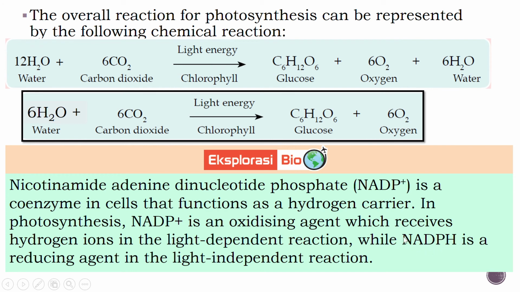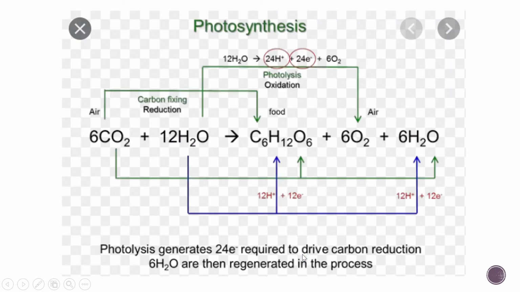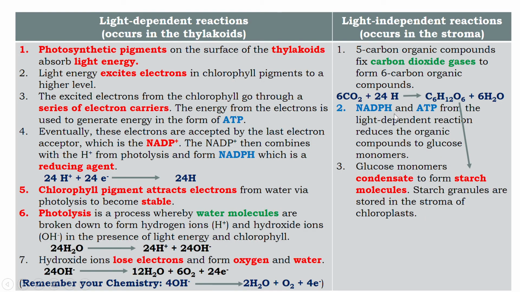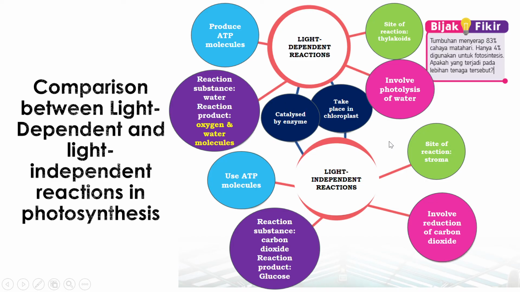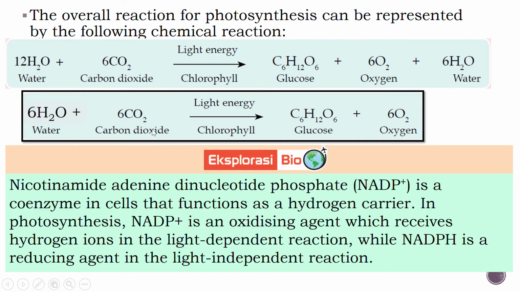Dia sendiri as a hydrogen carrier. This one as hydrogen carrier. So this NADPH is a reducing agent in the light-independent reaction. Maksudnya dekat sini dia sudah jadi reducing agent. Okay, that is all about it in the photosynthesis reaction.